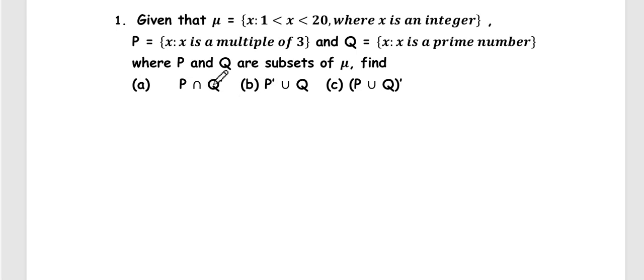Question number 1 says, given that the universal set is a set of x such that 1 is less than x less than 20, where x is an integer. Let's list out the elements of the universal set first.